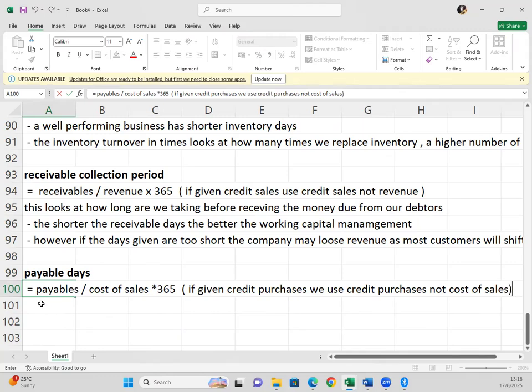So the payable days. The payables, these are the people we are owing, the suppliers, those that sold goods on credit to us.